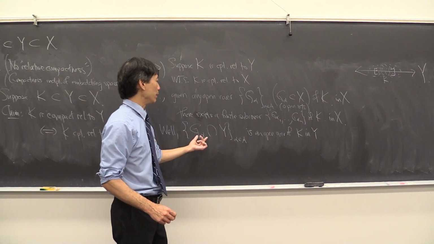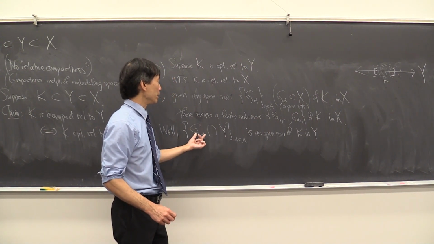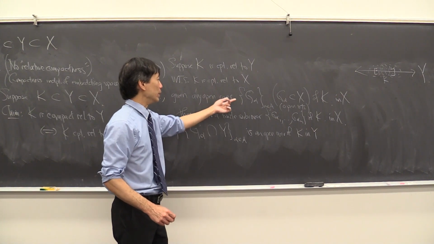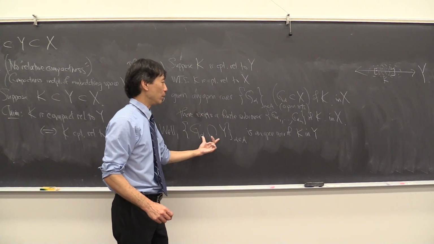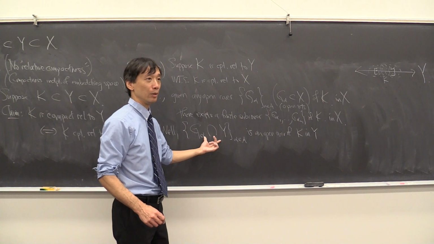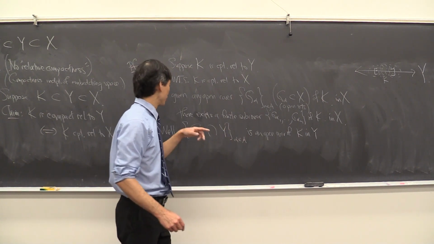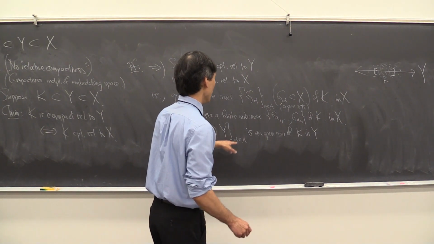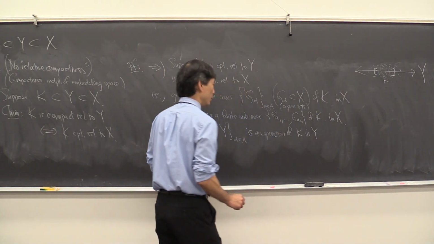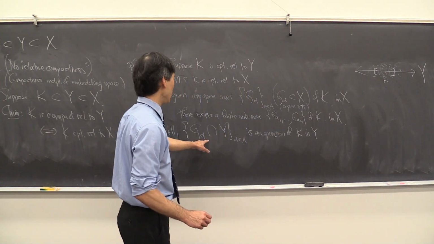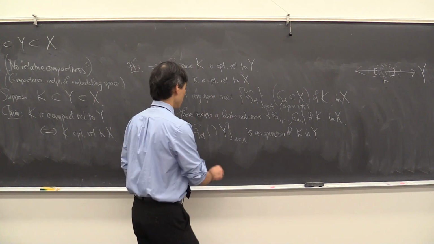Because open sets intersect down to open sets. This is open relative to Y, so this is an open cover of K in Y.